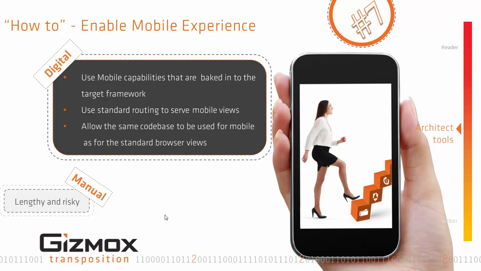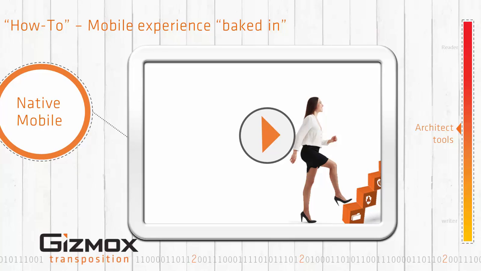In other cases, using standard routing to serve the different mobile views using the built-in switcher that we will show, and allowing the same code base, the same business logic to be the basis for the different form factor experiences. So all of this doing manually would be very lengthy and risky. So let's go look at a demo of the mobile capabilities and how they are achieved in the delivered solution.